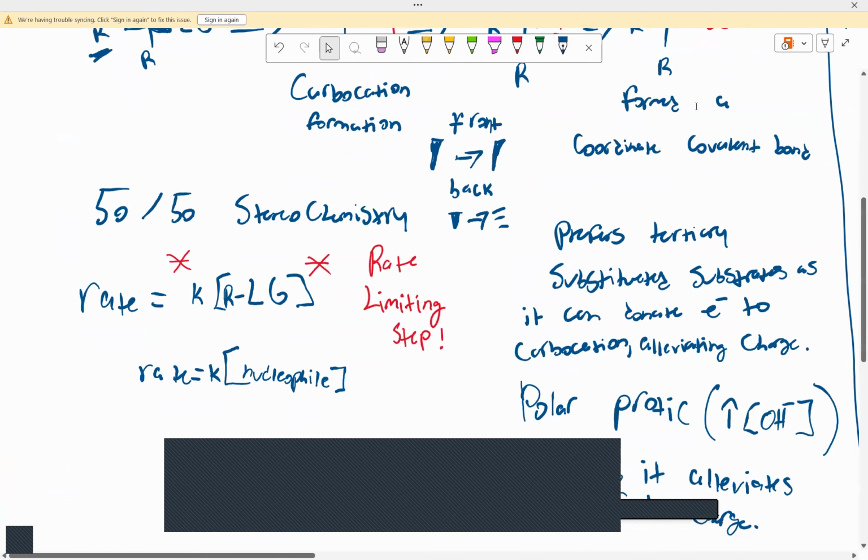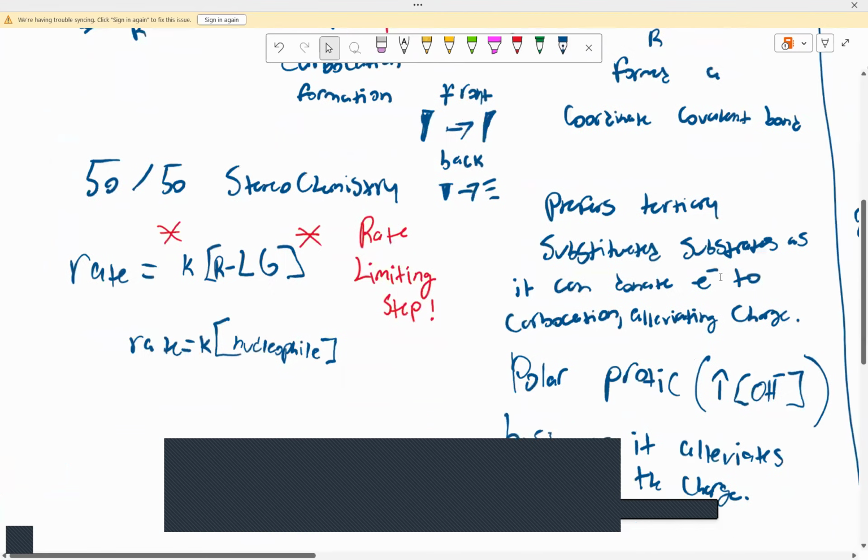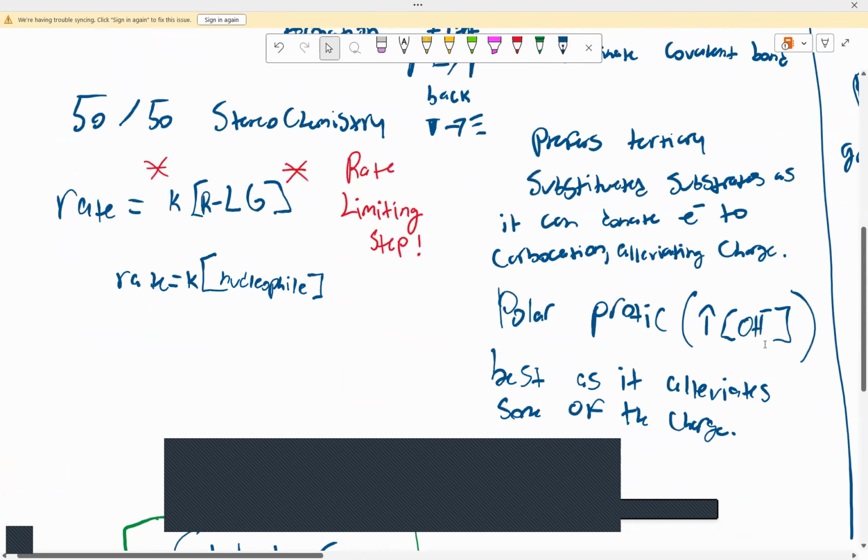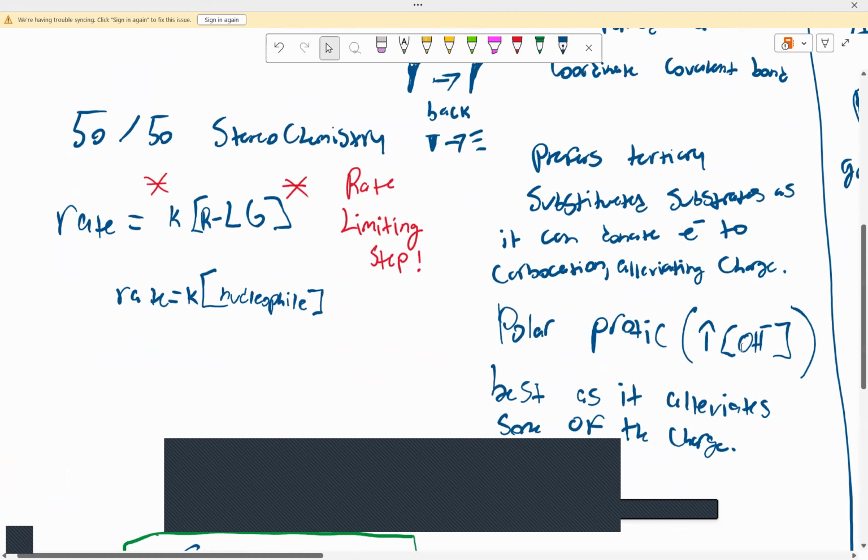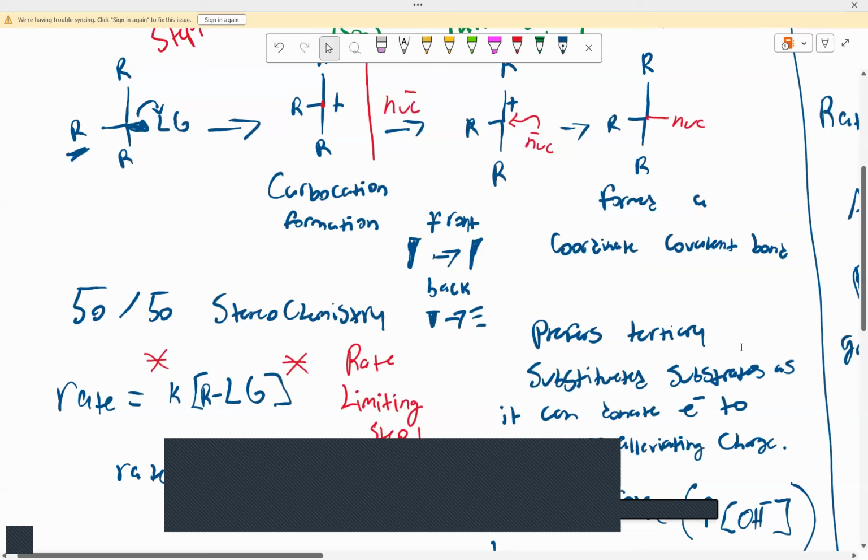Additionally, if you have something that is polar protic, so like you're increasing that hydroxide or OH minus concentration, or just having something that's basic in the solvent, then that also helps make that carbocation formation faster.